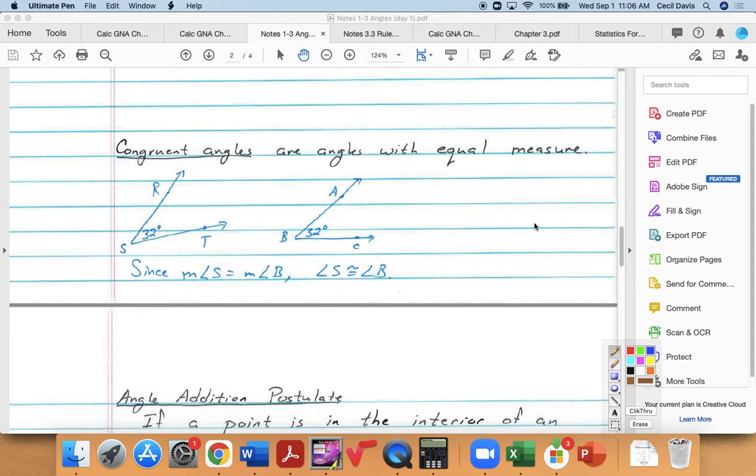So congruent angles, just like you had congruent segments. Remember congruent segments, we put our hands together and said your hands are basically congruent. They're the same shape and the same size, right? Same thing with congruent angles. Congruent angles are angles that have equal measure. Notice the objects are congruent, their measures are equal to one another.